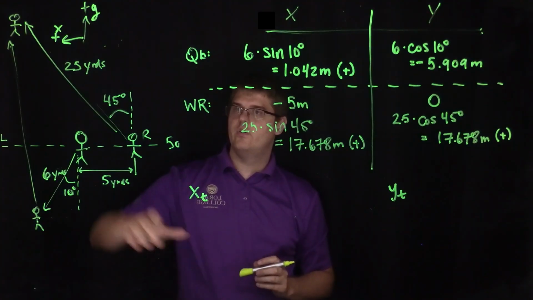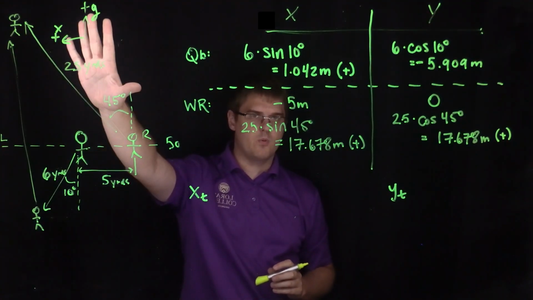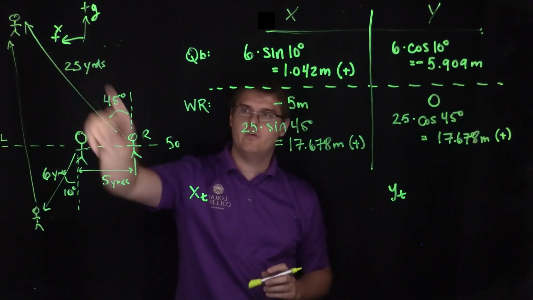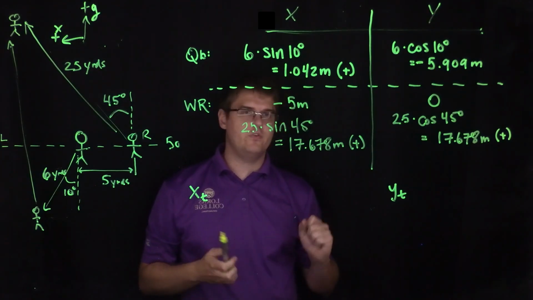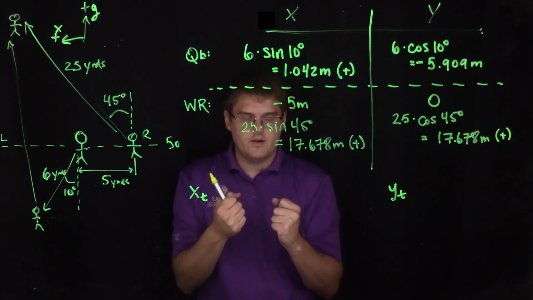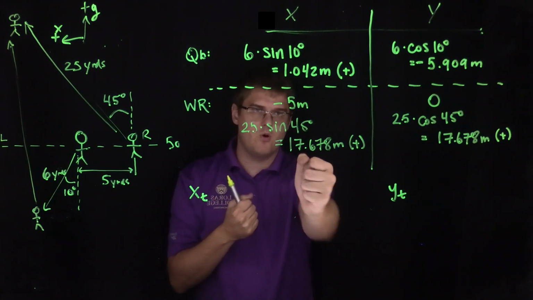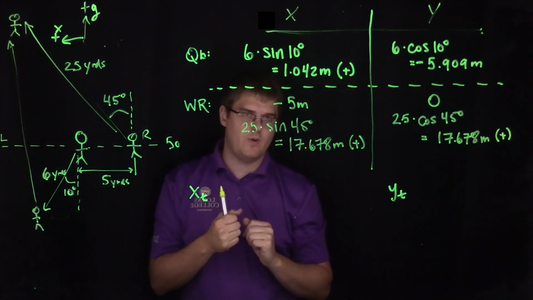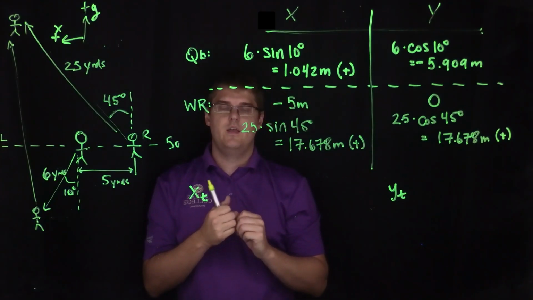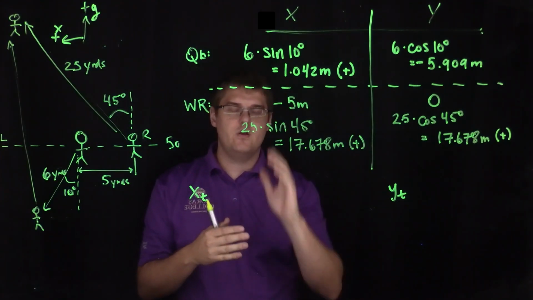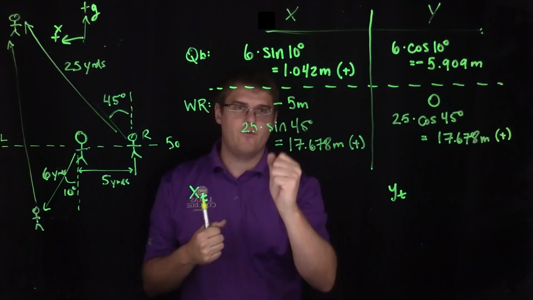So if, let's say forwards, because forwards is positive. If the wide receiver and the quarterback were right on top of each other, and the wide receiver ran forward, and the quarterback ran forward, and the quarterback threw the ball to the wide receiver, he is going to have to throw it not as far because of how far he ran.